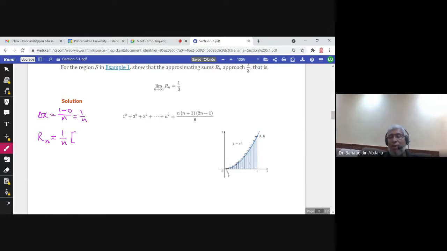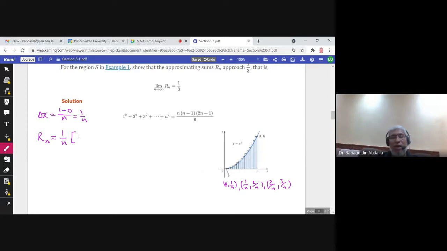Now, what about the height? Okay, we will use the right endpoint. So you can see that the first interval is from 0 to 1 over n. The second interval is from 1 over n to 2 over n, because you just add 1 over n. The third interval is from 2 over n to 3 over n, and so on, okay, until you reach 1, the last one.